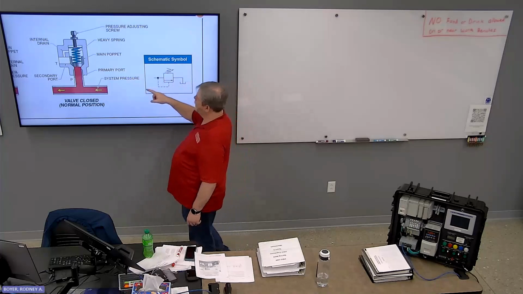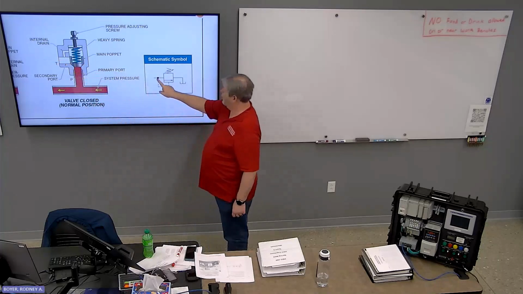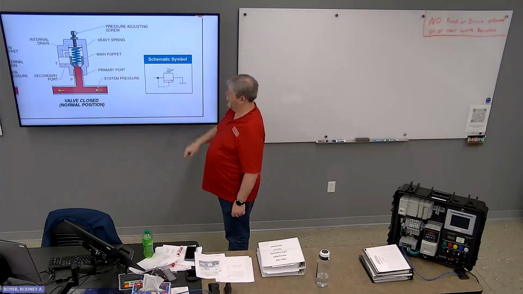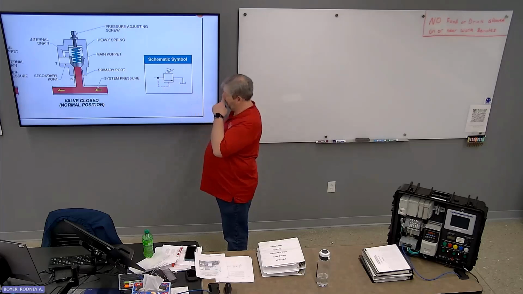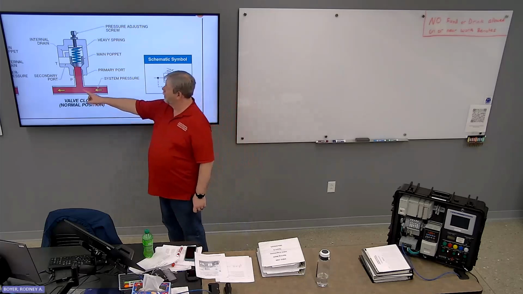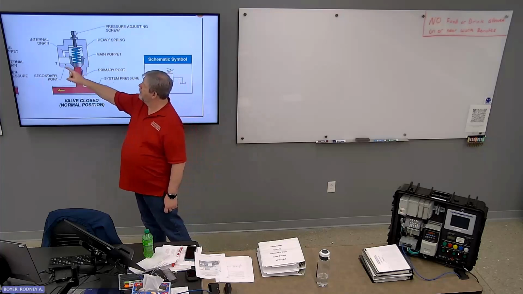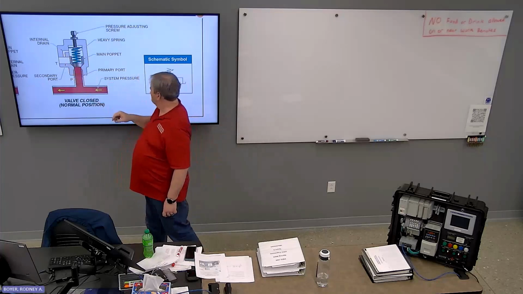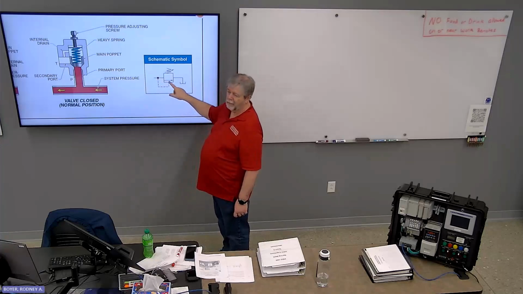Okay, awesome. So that would be that port. What is not shown is there's pressure, or sorry, pilot on there. Okay, that is not represented here. It's relying on the pressure in the system to open the poppet. There's an internal drain, but that is not a drain, that is a pilot line.